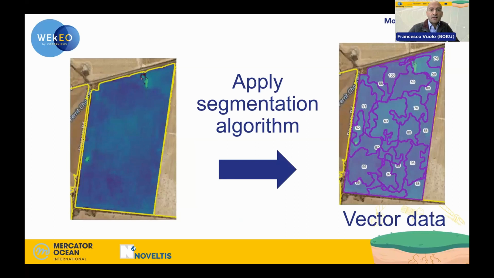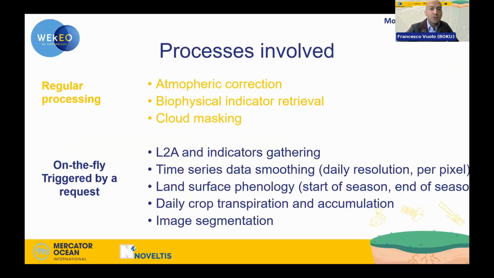and for practical application is segmented into a vector data used in the machinery. So the processes involved are happening with different triggering modes. So the atmospheric correction, as I say, today it's a common thing. It's done as the Sentinel-2 data are collected. The retrieval of leaf area index is done also regularly, the cloud masking also regularly.